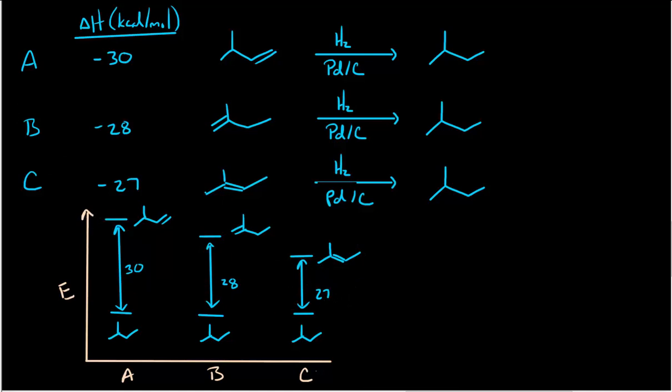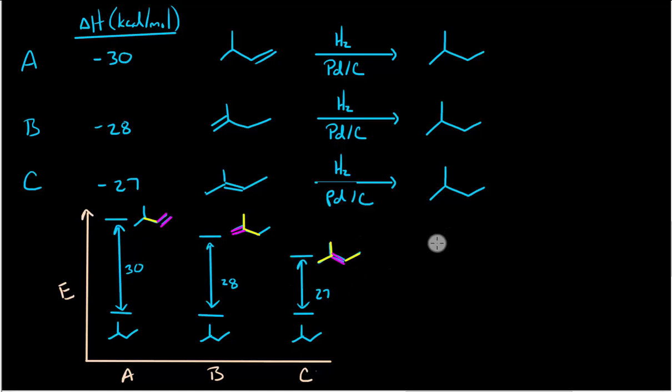If you think about the number of non-hydrogen bonds attached to the alkene, for the example on the very far left, the A example, we've got one direct non-hydrogen bond to the alkene, then two non-hydrogen bonds attached directly to the alkene, and then three. And keep in mind our alkene is right here. One bond that's non-hydrogen, two bonds that are non-hydrogen, and 1, 2, 3 bonds that are non-hydrogen here.